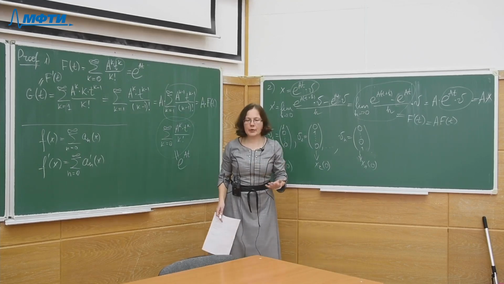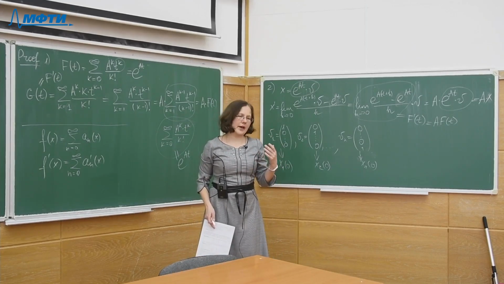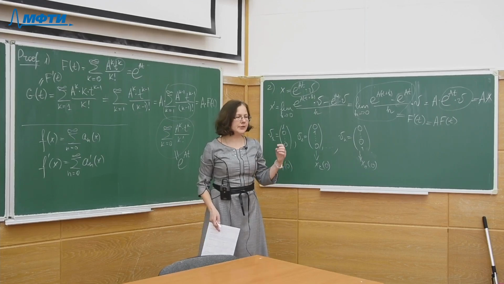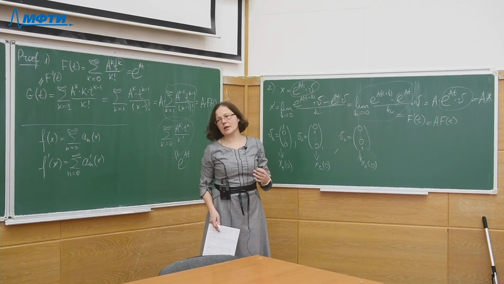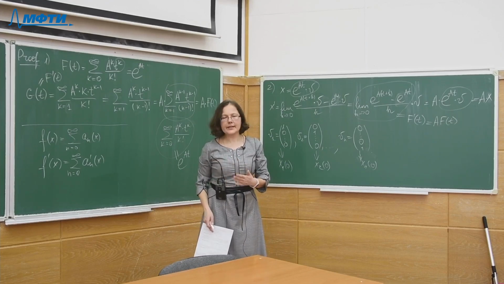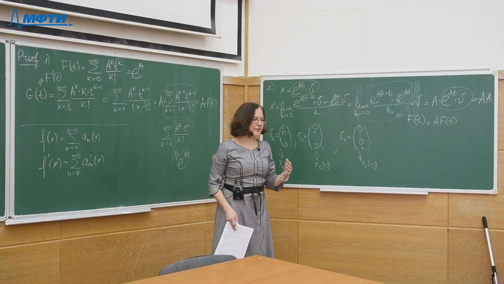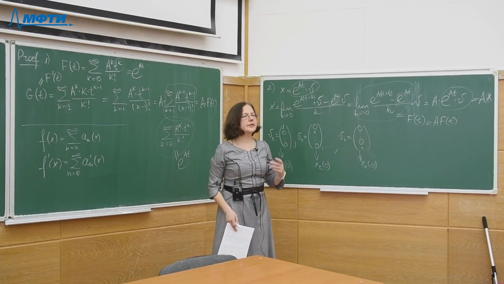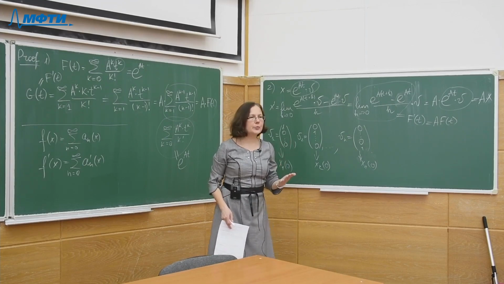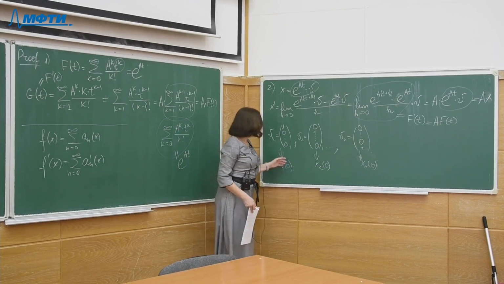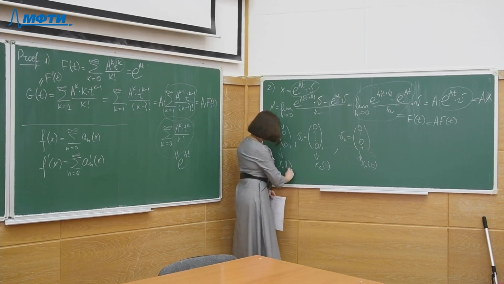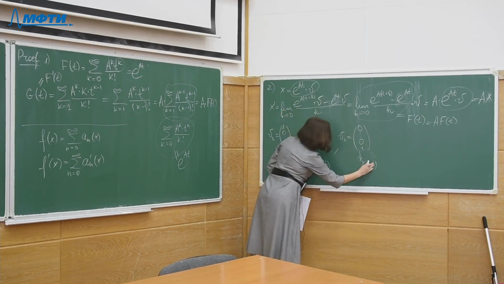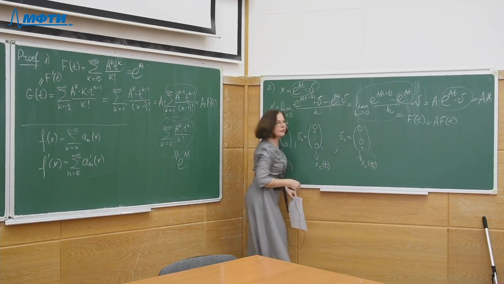We can use the Wronskian, for example. We know that if the Wronskian of functions that are all solutions of some linear differential equation is not 0 at one point, then it is not 0 at any point t. So these vectors will be linearly independent for any t, and so they form a basis in the space of solutions.